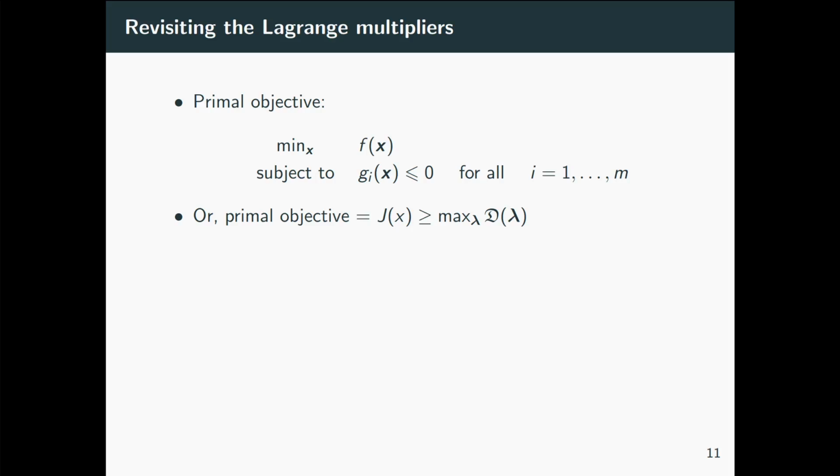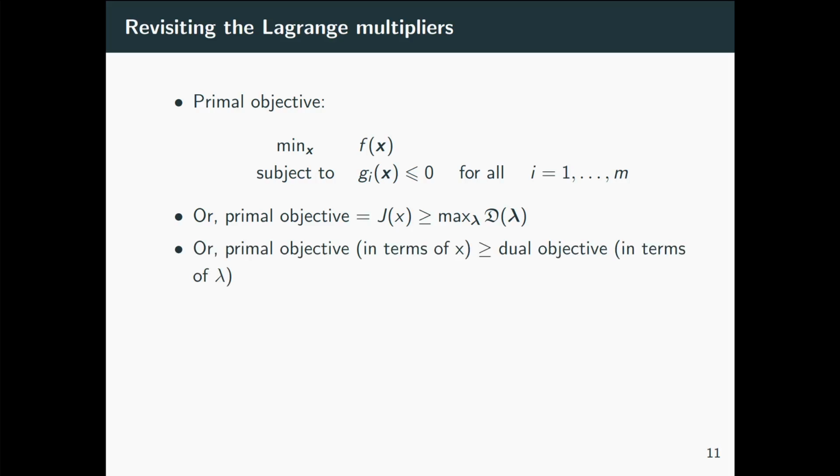So what we're getting is that the minimization of the primal is greater than or equal to the maximization of the dual. But the important thing to note is that the primal is in terms of the original variables x, and the dual is in terms of the newly introduced variables, the Lagrangian multipliers.